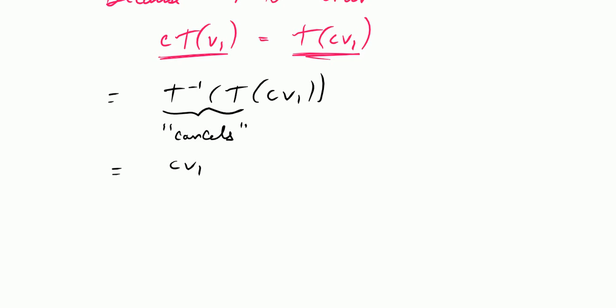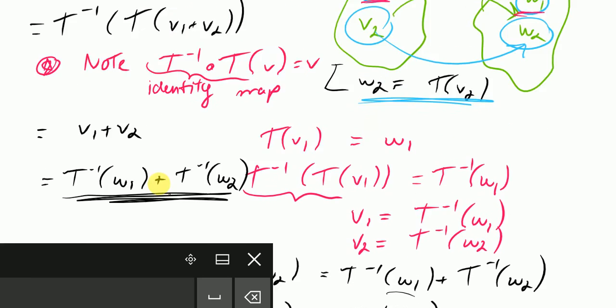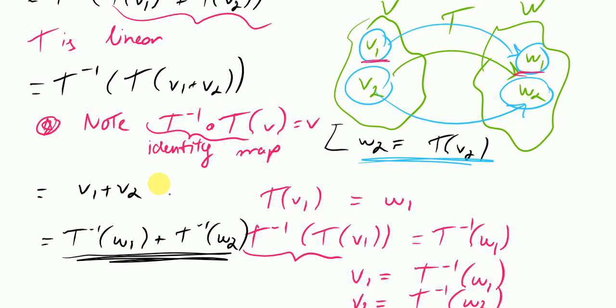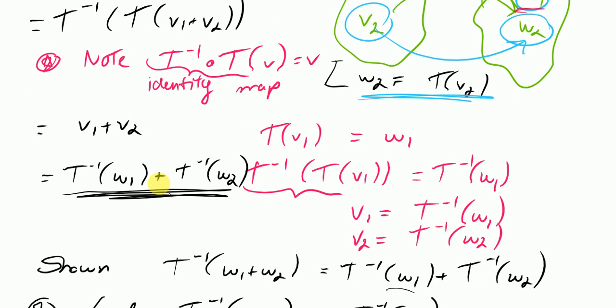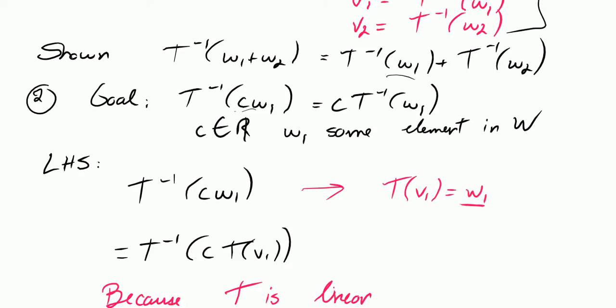But the same thing can be said here that I said right over here. So I can write V1 as T inverse W1, because T takes V1 and brings it to W1. So if I take the inverse of W1, then I'll just get V1.